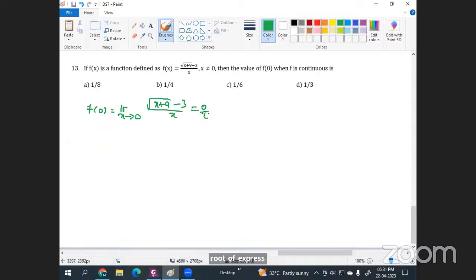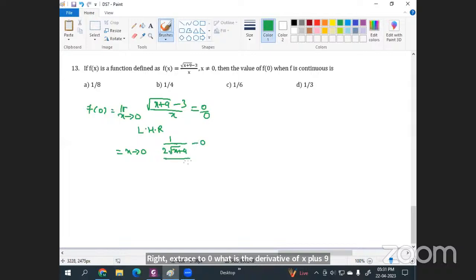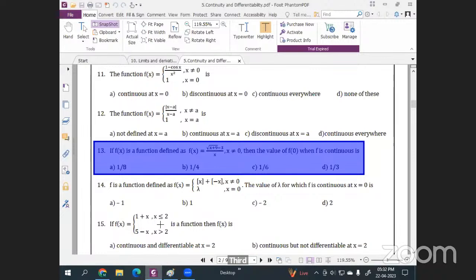I am getting 0 by 0, so I have to apply L'Hospital rule. The derivative of x plus 9 is 1 by 2 root x plus 9. The derivative of 3 is 0, and the derivative of x is 1. Then that equals 1 by 6. The third option is the right option, yes, C. Right. Next.